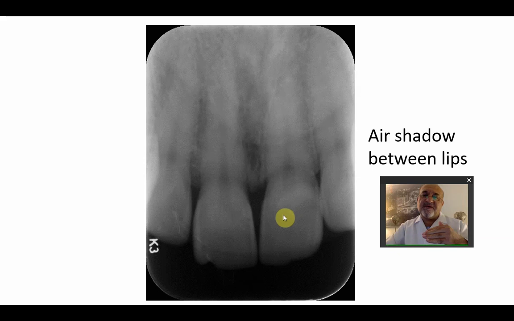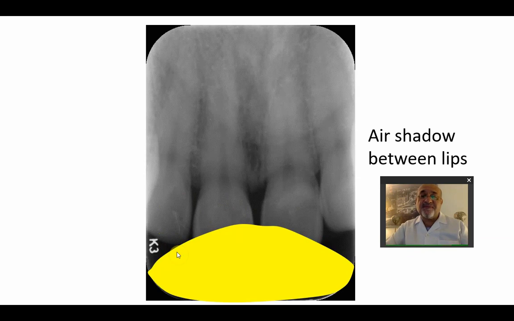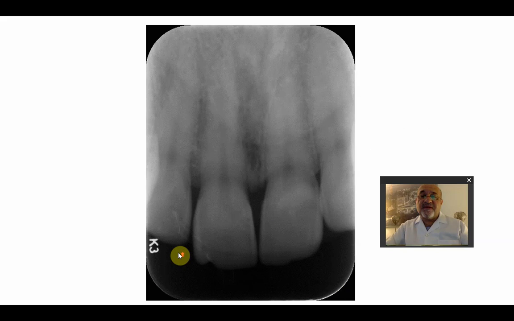At this part, the crowns look more radio opaque than this part, and they are even less so over here. Why is there a shadow as if there is a hypocalcified area? See it over here?